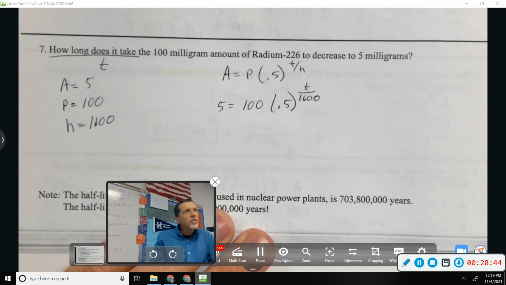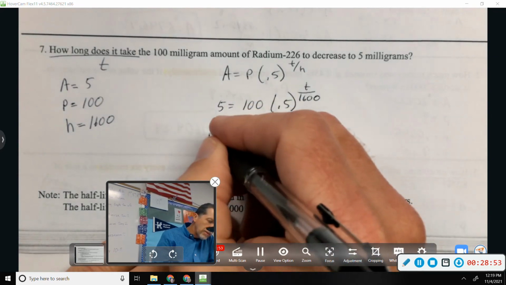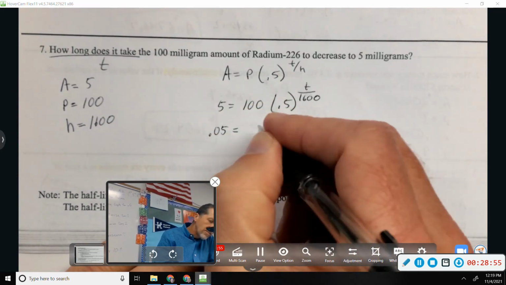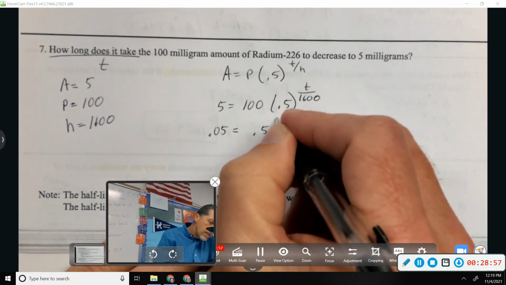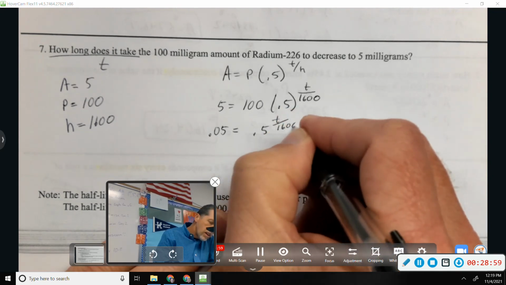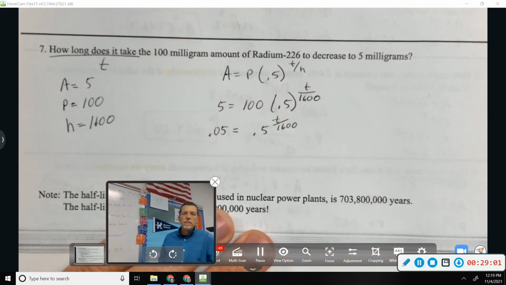What do you want to do first? Divide by 100. 5 divided by 100. You can leave that as a fraction, but 5 divided by 100 is easy. That's 0.05. What do you want to do next? No, because t's up in the exponent. Let's log it to get it out of the exponent.